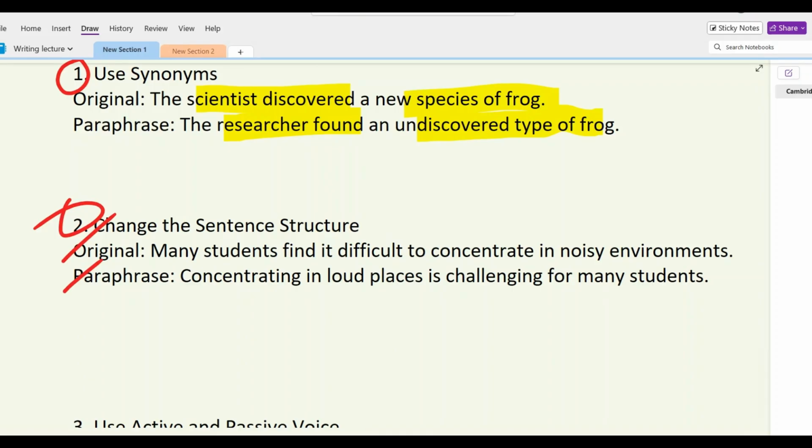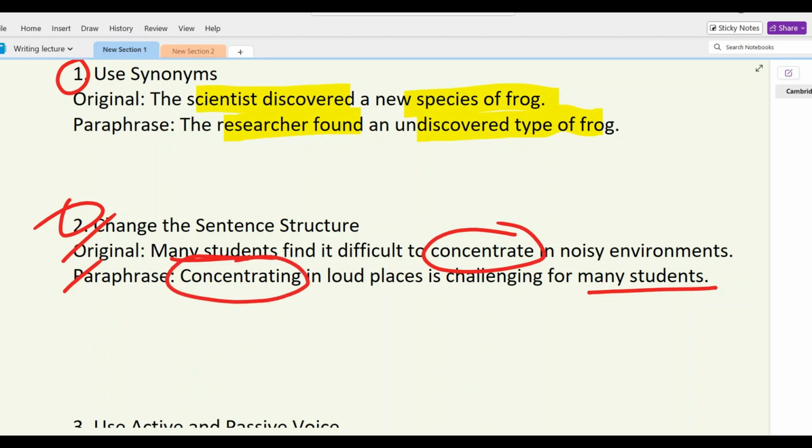We see the words many students at the beginning of the sentence here, and in the paraphrased one we see it's at the end. The word concentrate we see in the middle, and in the paraphrased one it's at the beginning of the sentence. So this is how we need to paraphrase, and you will see tons of examples like this in your reading module.